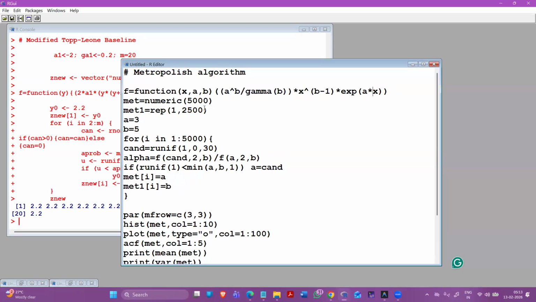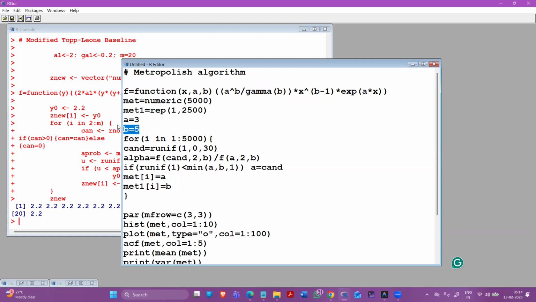Here we are going to introduce a null vector with 5000 observations and another null vector with 2500 values. After that we are giving the values of a and b here.